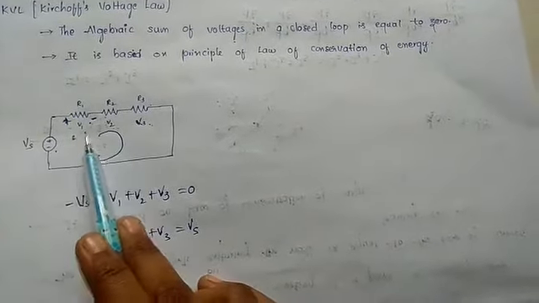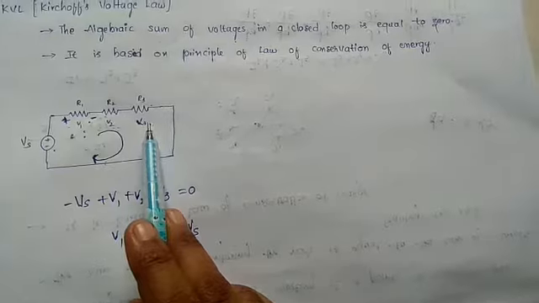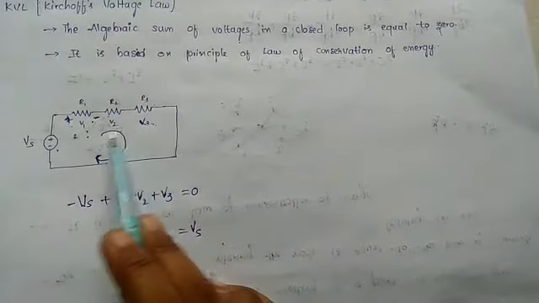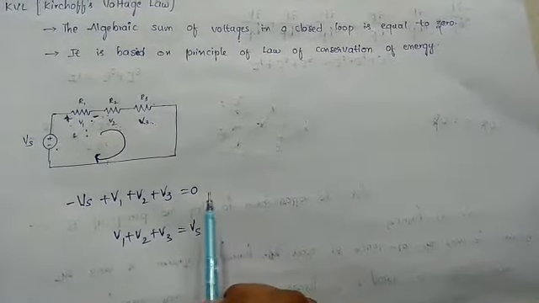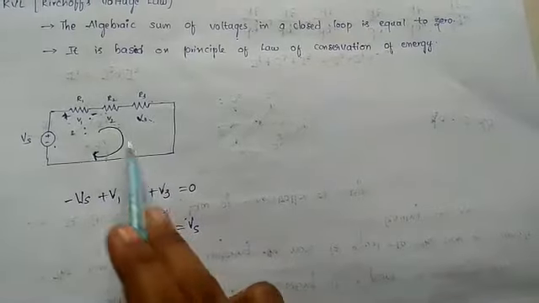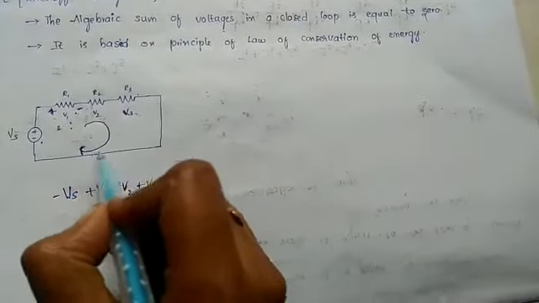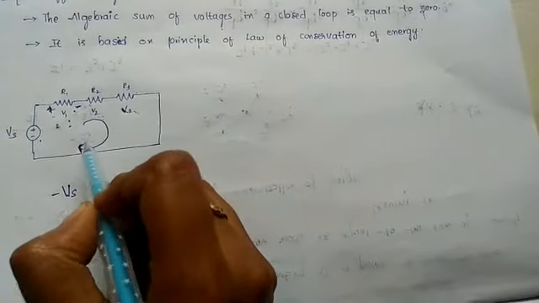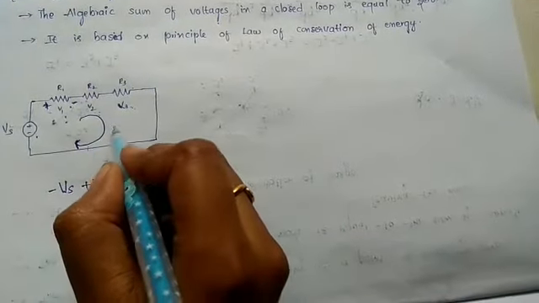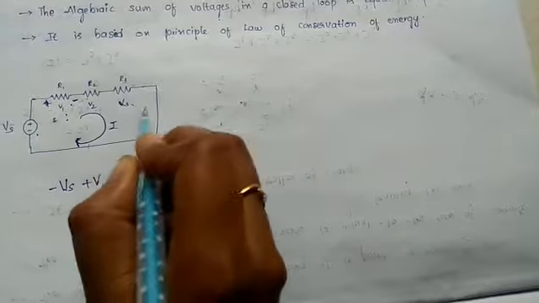Here the voltages are already present, so we have written V1 plus V2 plus V3 is equal to Vs. But if the voltages are not given, we consider the current.